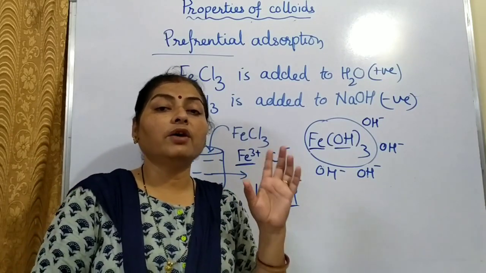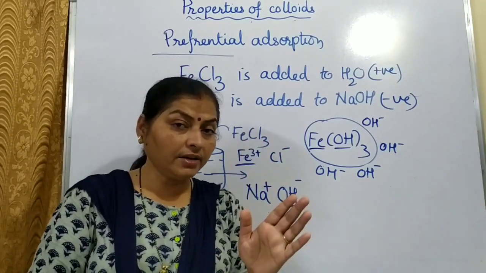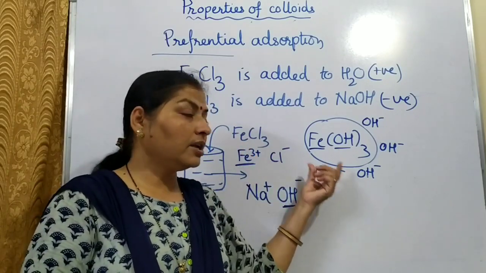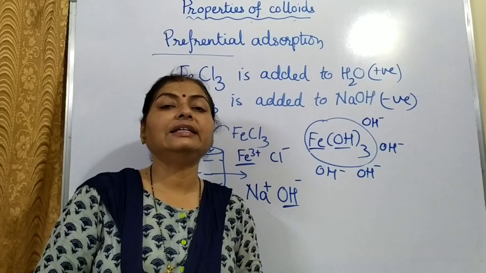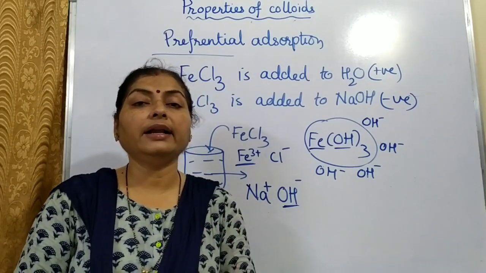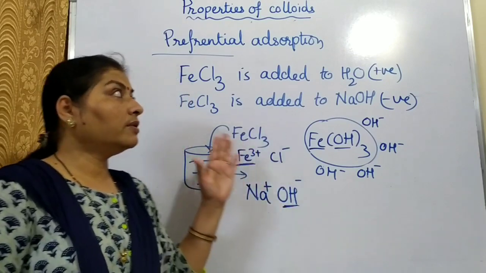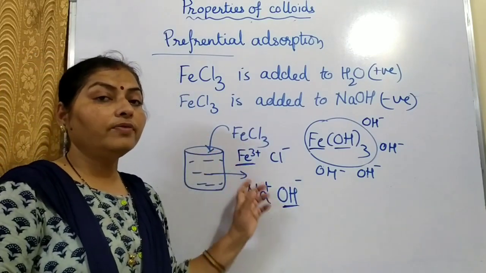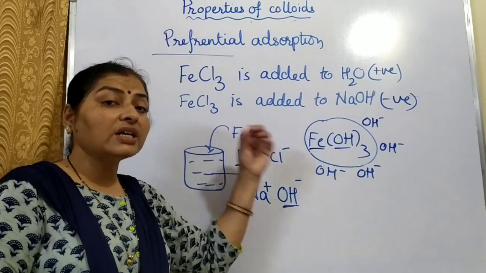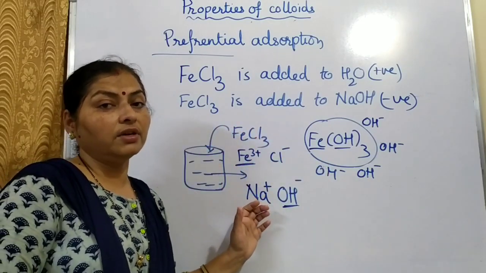There will be a formation of a gradient or potential difference, and that potential formed will be called zeta potential, or it will also be called electrokinetic potential. So here we come to an end of the colloidal particles. They show charge, and what is the characteristics of the charge.